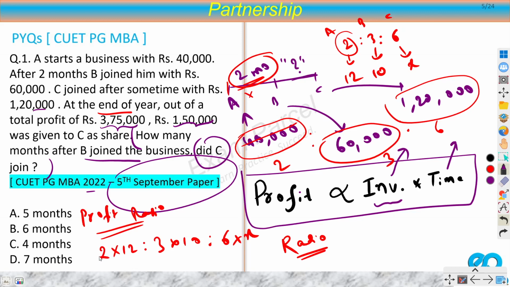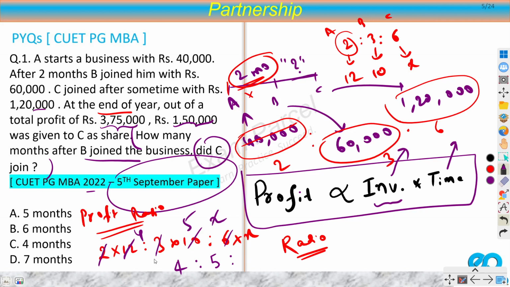Let's cancel 3 first: 3, 2, 4. Can we cancel them more? Yes, 2, 5, 2. So 4 is to 5 is to X.